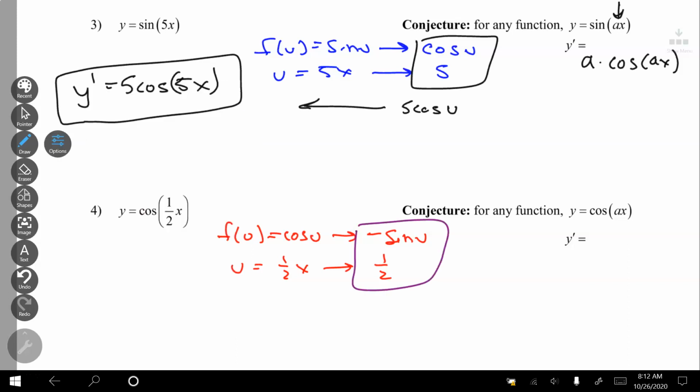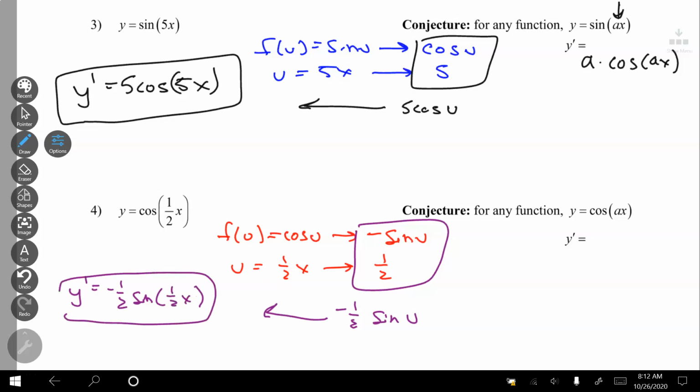And when I multiply my box, I get negative 1/2 sine of u, but now I have to get rid of that u, so y prime equals negative 1/2 sine of 1/2 x. So my conjecture is, if I have an a up here, my derivative is going to be negative a times the sine of ax.